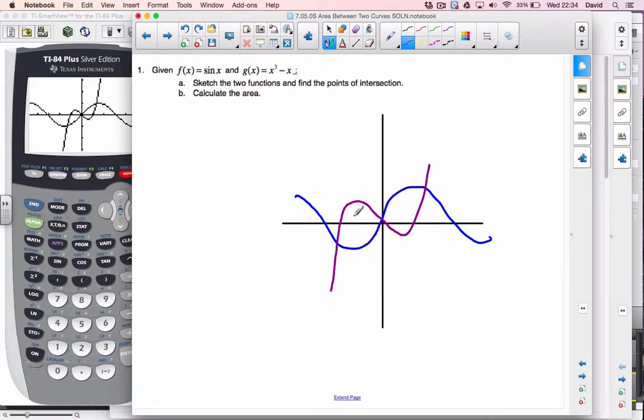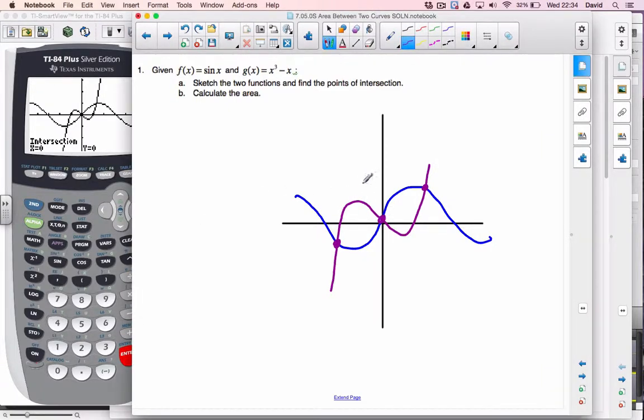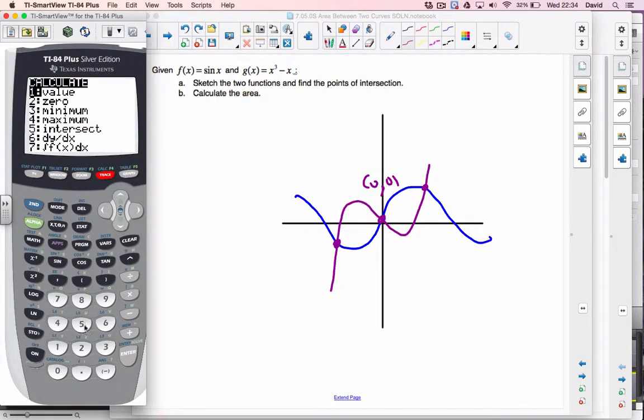So in order to do this, I need to find this point, and this point. Using my calculator, I'm going to find the intersections. The first intersection point here is 0, 0. Find the next one.